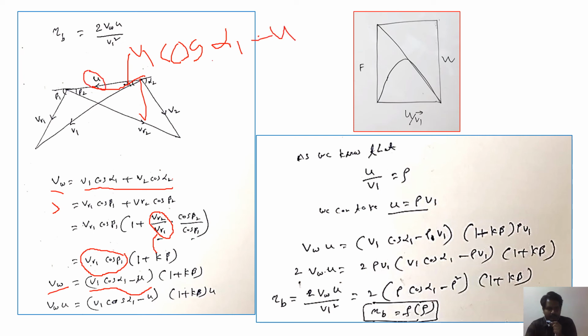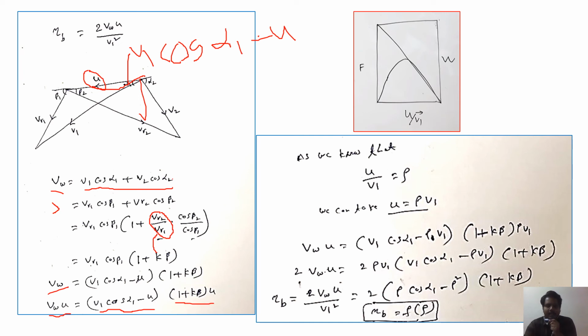The same thing I have written here into 1 plus KB. Now if you multiply with u on both sides, we can write Vwu equals V1 cos alpha 1 minus u into 1 plus KB into u.